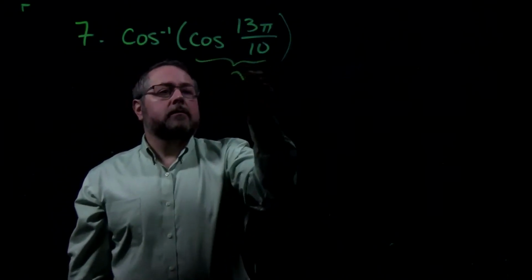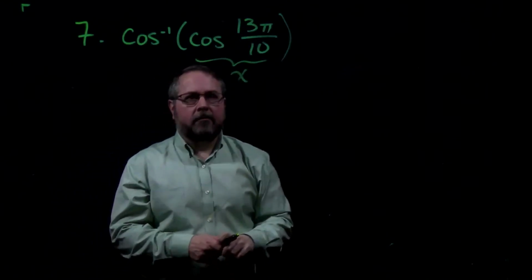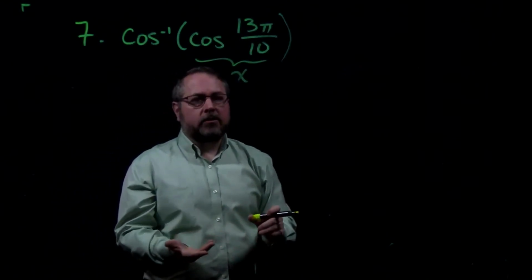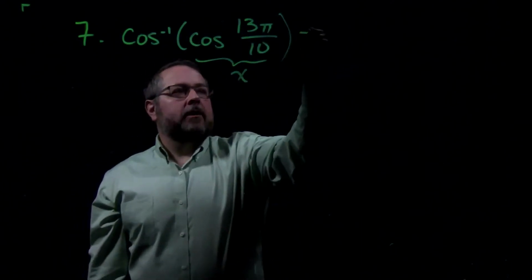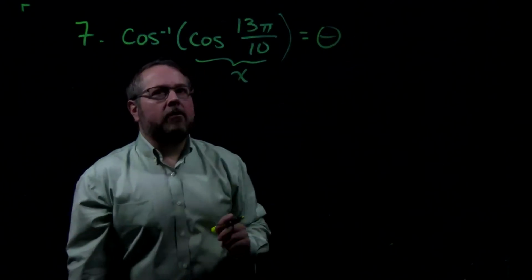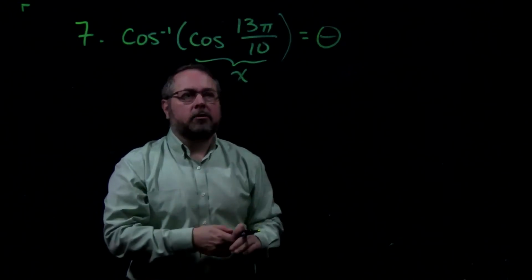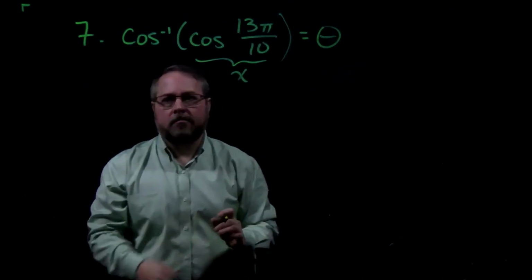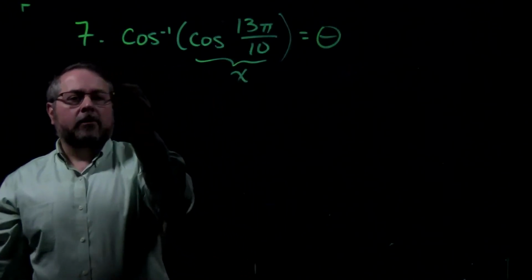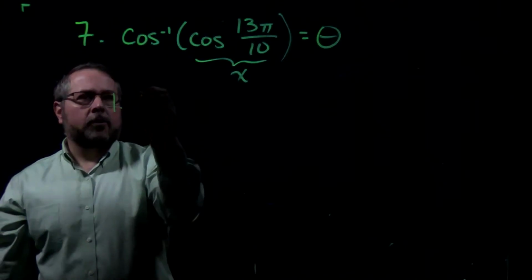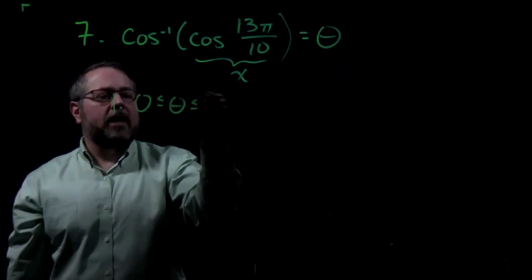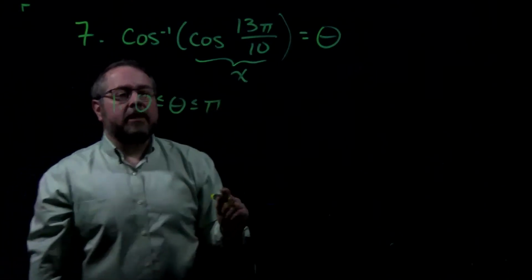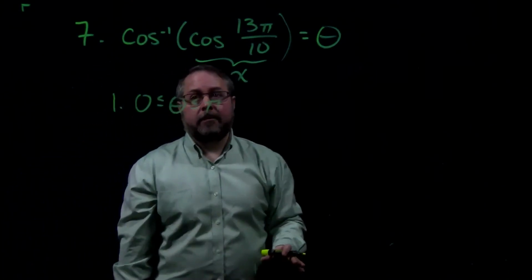But cosine of 13 pi over 10 is going to be some number x. And the inverse cosine of x is some angle theta, because again, the inverse cosine always spits out an angle. And there are two things that are true. The first is that this angle has to be between 0 and pi, because that's the range of the inverse cosine function.